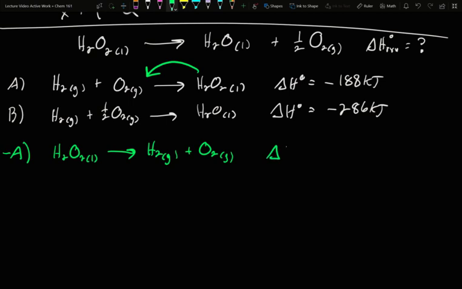Well, there's going to be a delta H for that. It's also going to be reversed: 188 kilojoules. If you do the opposite reaction, you have the opposite energy. All we did was flip A around, but that now gives us hydrogen peroxide on the side we want it to be on.